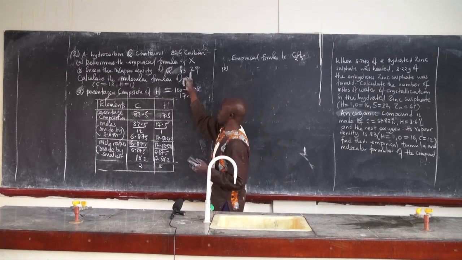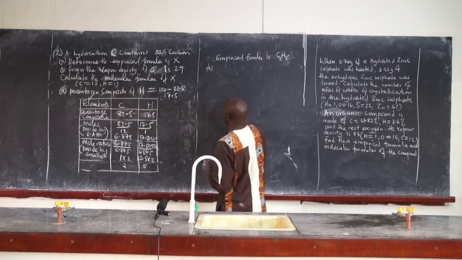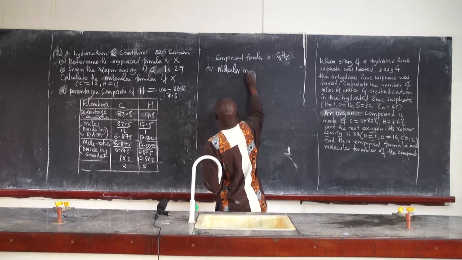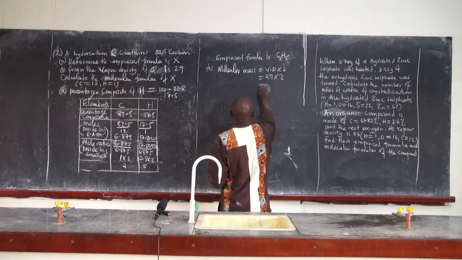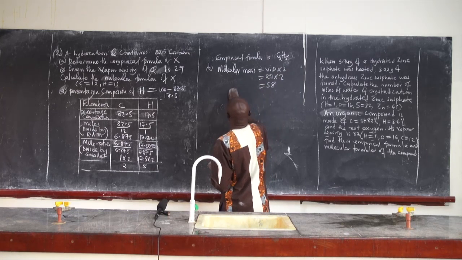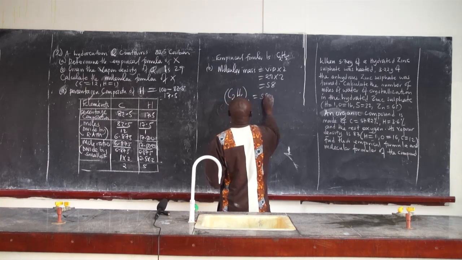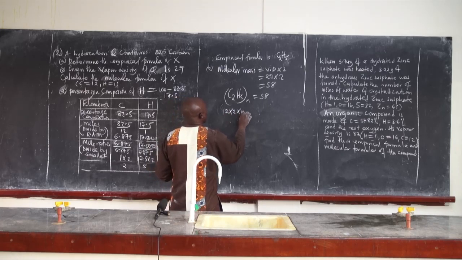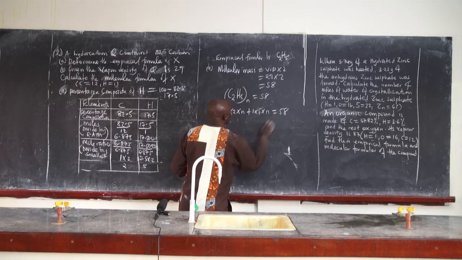Now, since the question gave me vapor density and wants the molecular formula, I'll first work out the molecular mass. Molecular mass is equal to vapor density times 2, so that's 29 times 2, giving us 58. So I bring in my empirical formula times n gives us 58. Carbon is 12 times 2 times n plus 1 times 5 times n gives us 58.